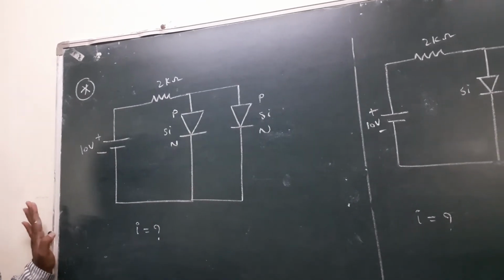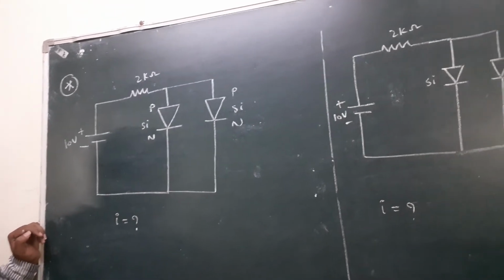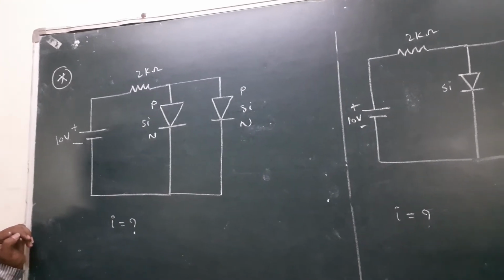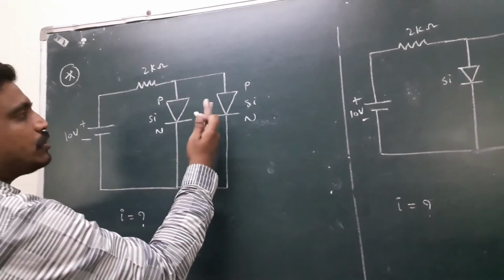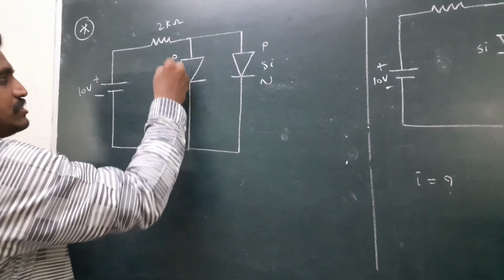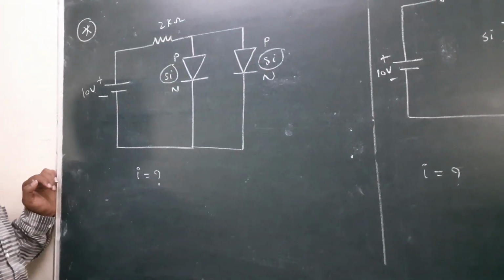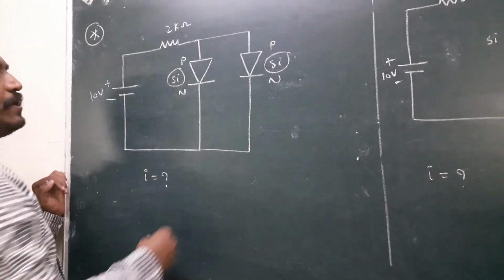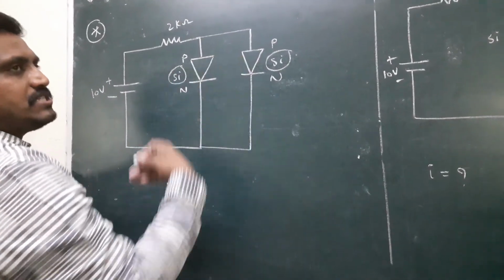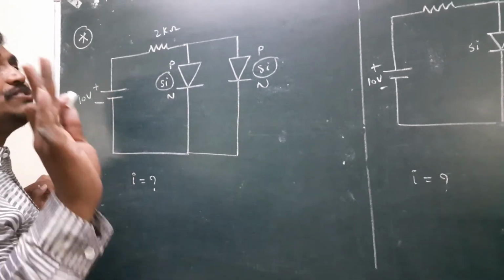But in this situation, in electricity, current flows in the shortest path, even though both oppositions are the same, because this is silicon. What is the potential barrier for silicon? 0.7. Both the oppositions are the same. In this case, current flows in the shortest path.